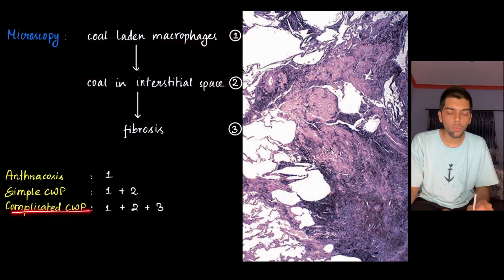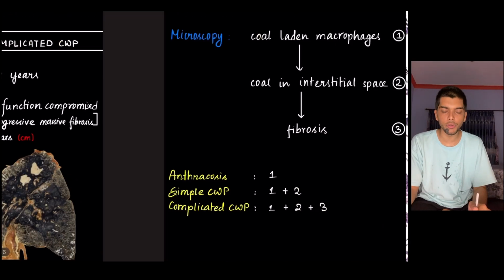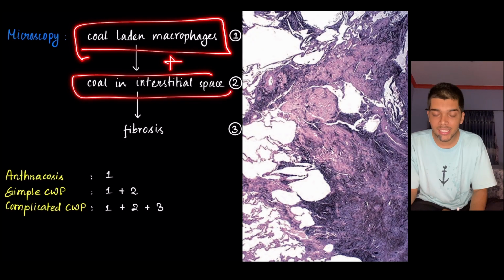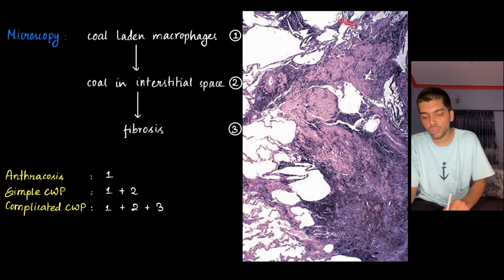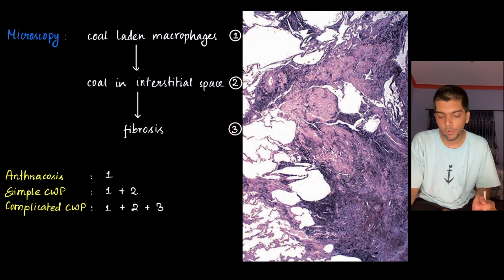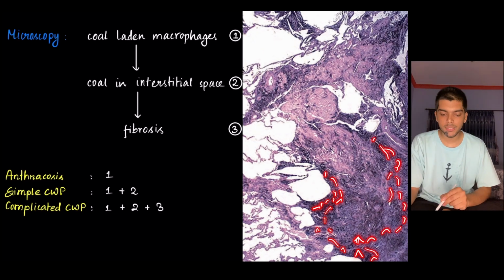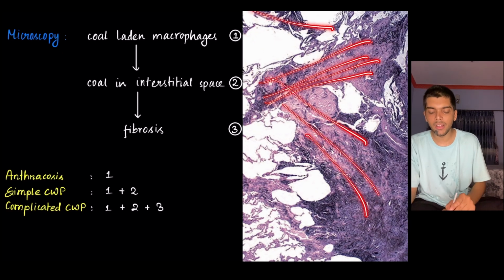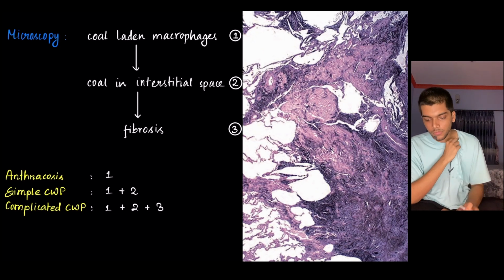In complicated coal worker pneumoconiosis, in these black scars, you are going to find coal-laden macrophage plus coal in interstitial space plus fibrosis. This is the microscopy of complicated coal worker pneumoconiosis. All the black things that you are looking at are coal-laden macrophages, and the fibers are a result of fibrosis, healing by fibrosis. Okay.